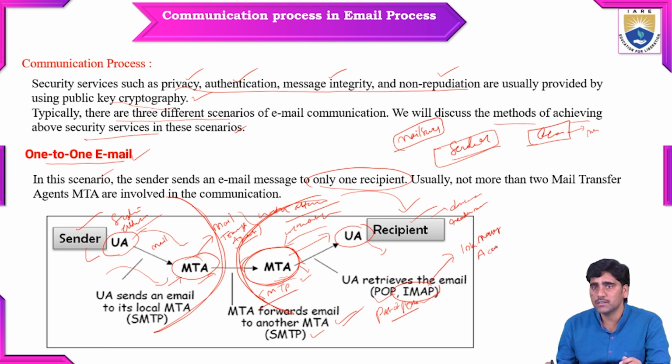The recipient MTA sends this mail to the user authenticator on the recipient side. Now the recipient receives and opens that mail. This is the one-to-one email communication process.